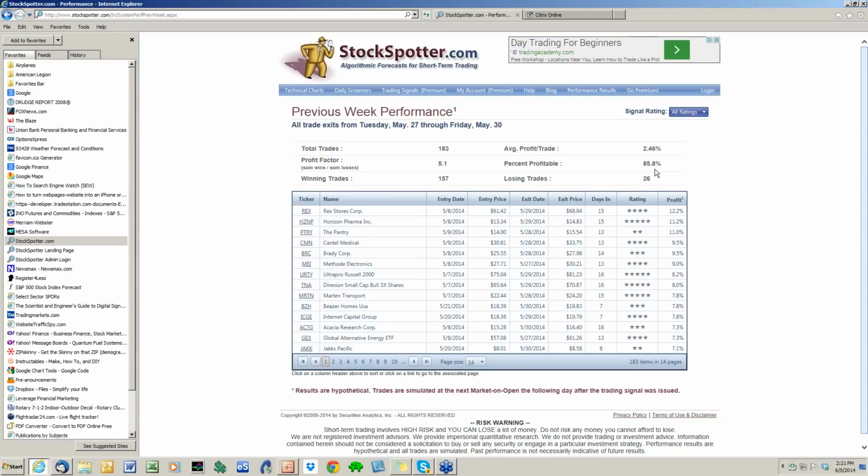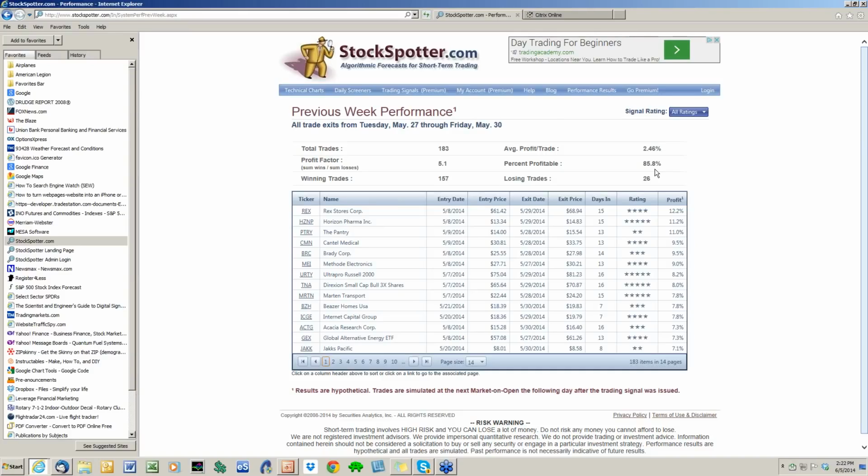It could go below zero and come back and recover before expiration. So it gets a little more dicey, but you can consider trading in-the-money options as a stop.